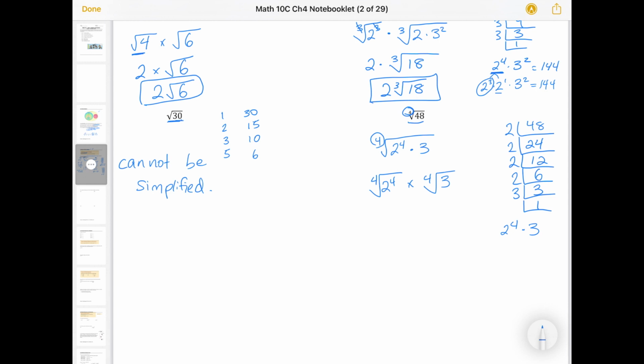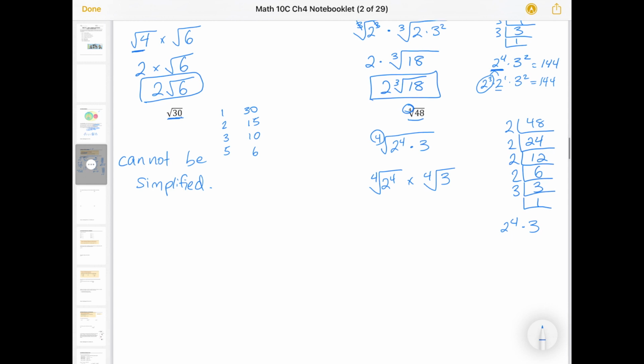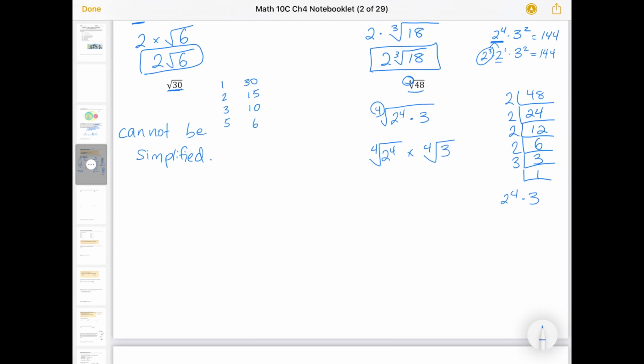It's on both of our radicals. 4th root of 2 to the 4, these cancel out, and I'm left with just 2 times the 4th root of 3, and just 2 4th root of 3 is the most simplified. There's an imaginary and invisible multiplication here, so I don't need to write it out. It's just implied multiplication.